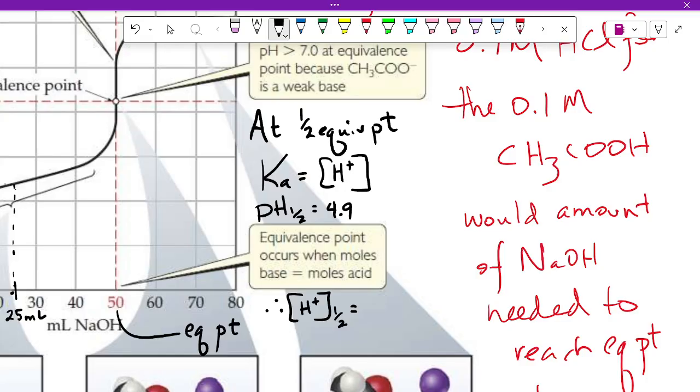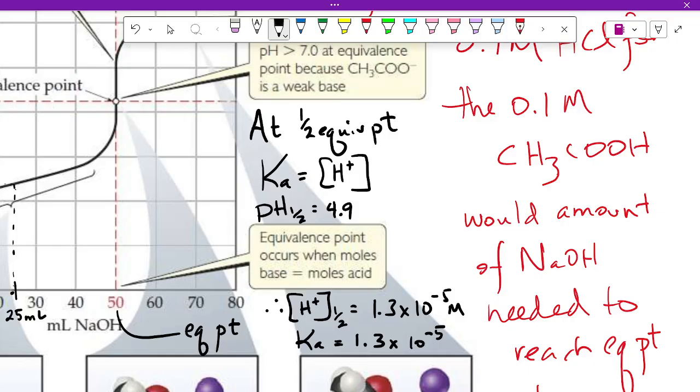Therefore, H plus would be 1.3 times 10 to the negative 5 molar, and so Ka would be 1.3 times 10 to the negative 5.